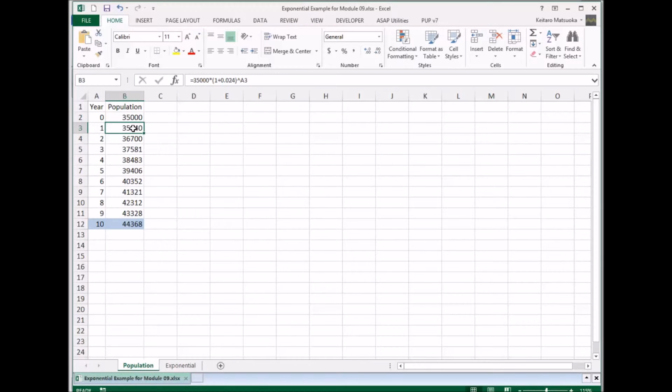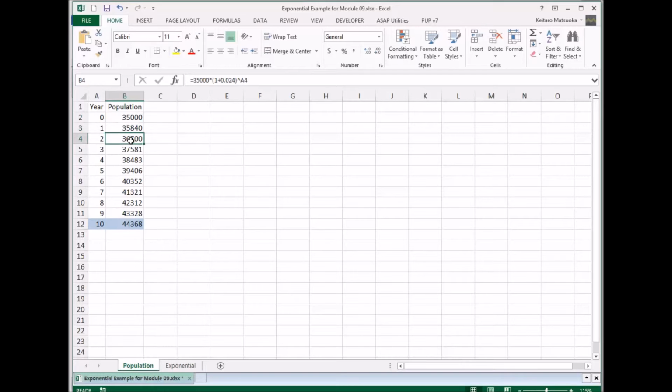So it's going to be 35,000 times 1.024 raised to the t, and that's how you do the raise to the t power. So this little hat thing is shift 6, to the A3 power. That means that's the first year. So type that in and basically drag it down all the way down.